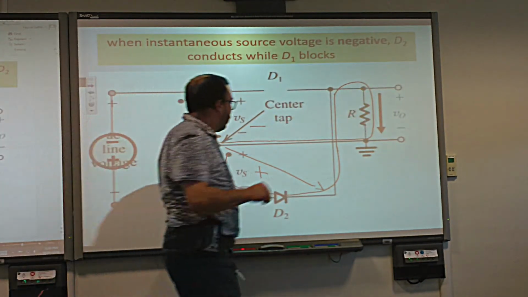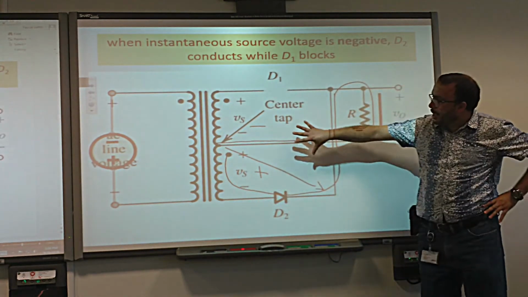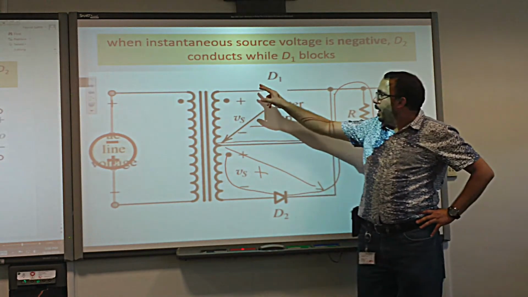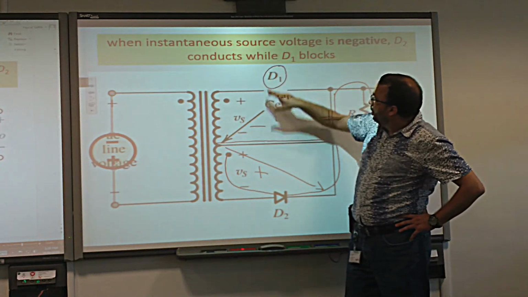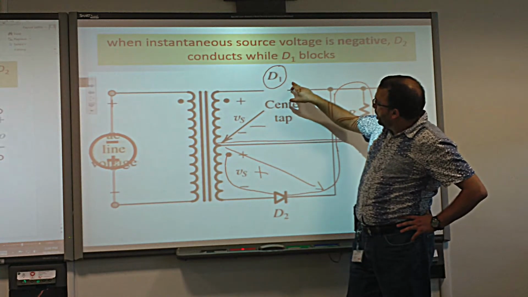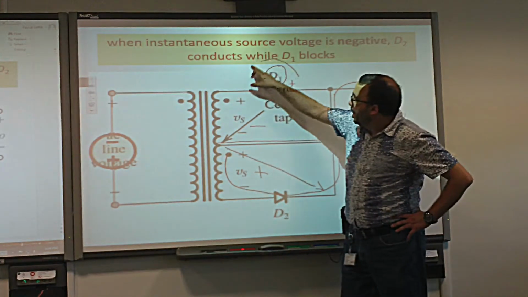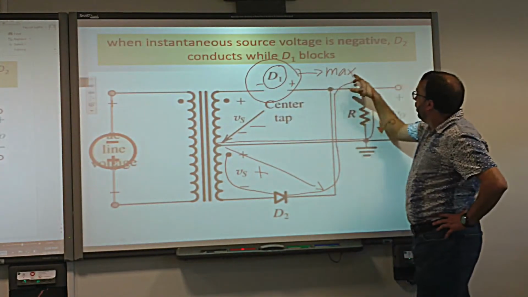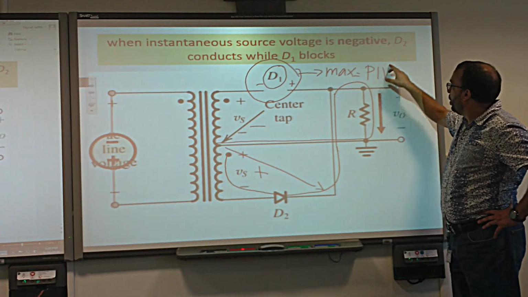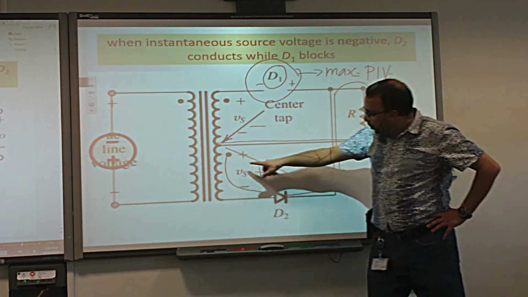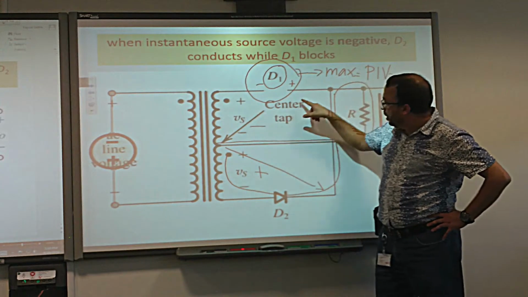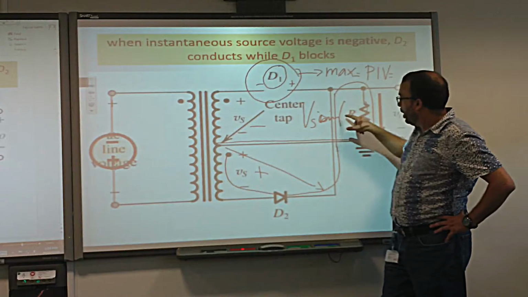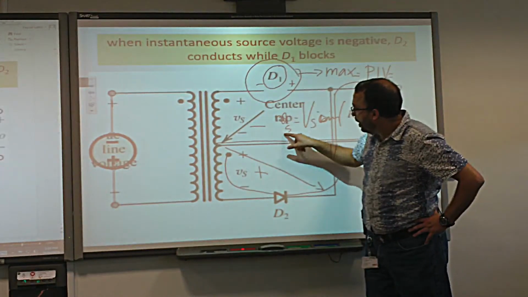All right. The PIV is what? If we take this, the PIV is the same for the positive full wave or the negative full wave. Here, it means this diode is reverse biased. That means this voltage is higher than this, and the maximum value of that reverse bias, we call it the PIV, the peak inverse voltage, is equal to 2 Vs, where Vs is the peak voltage, because Vs sine something is equal to Vs, right?